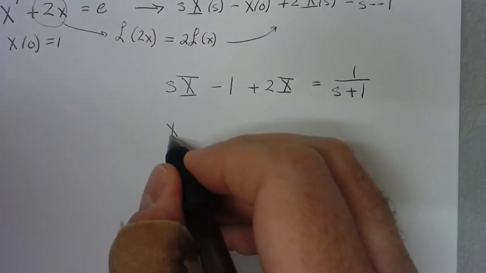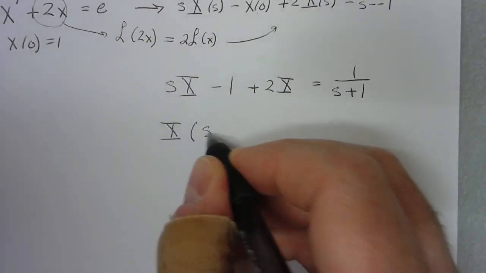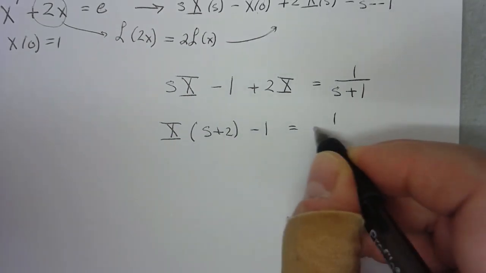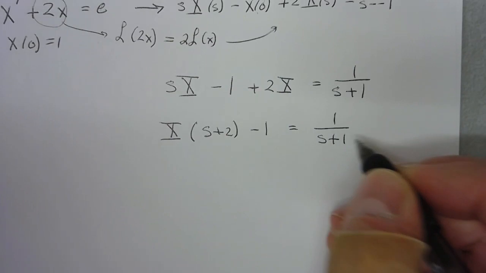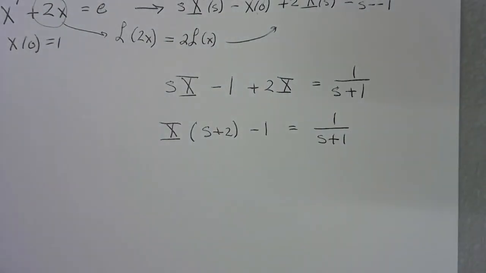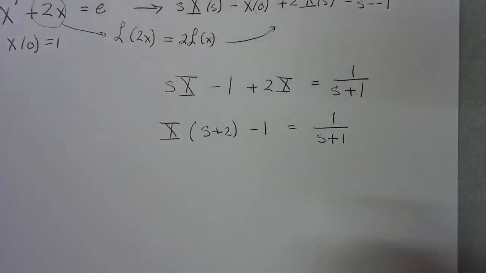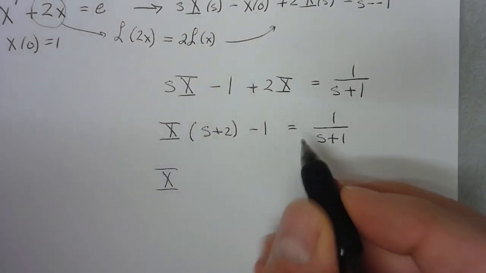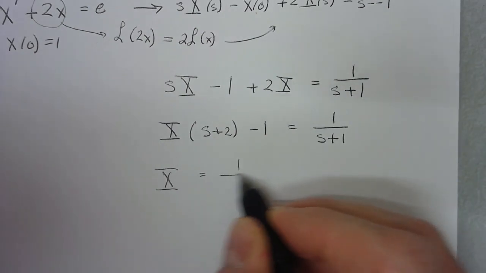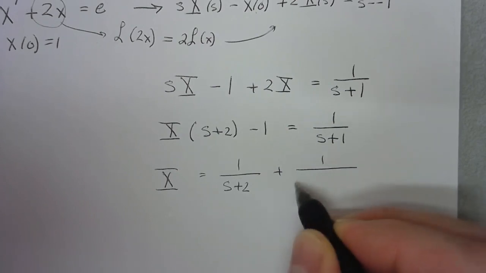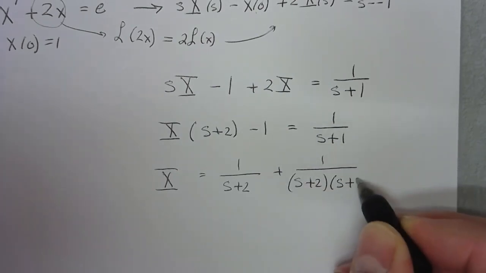Collecting like terms, this is capital X times (s plus 2) minus 1 equals 1 over s plus 1. All right, so let's move the 1 over. We'll have 1 over s plus 2, plus 1 over (s plus 2)(s plus 1).